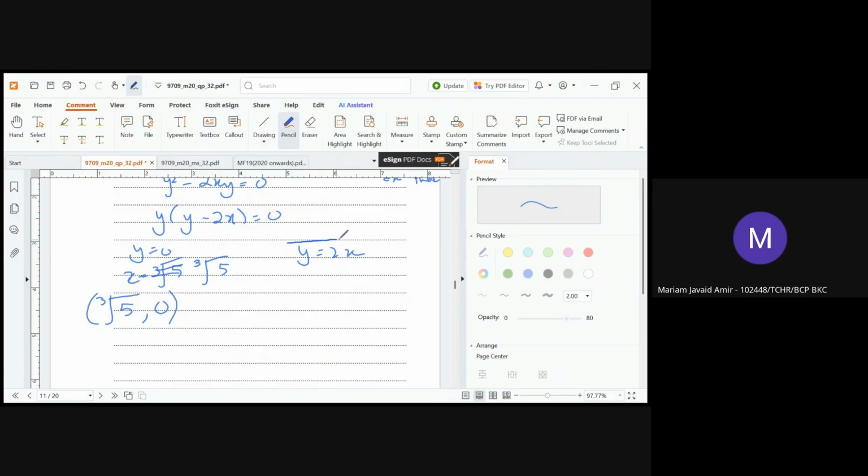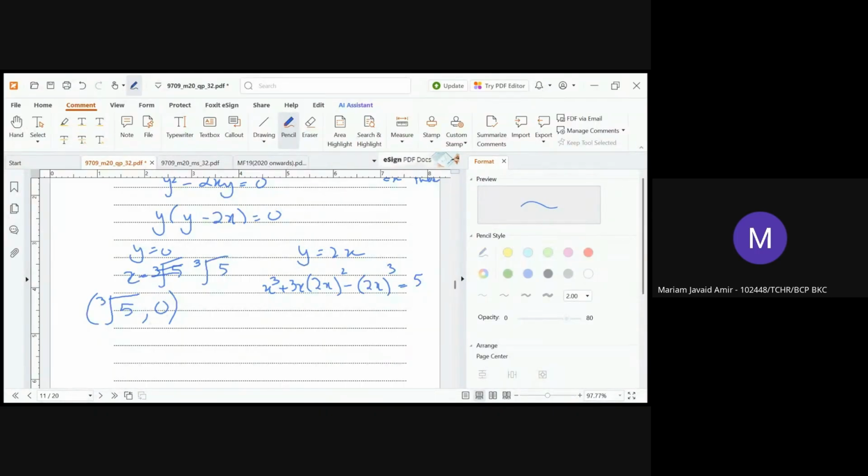For the second one, replace the y in the original equation with 2x. So we get x cubed plus 3x, y gets replaced with 2x and there was a square on it, minus, then there was a cube on y, so 2x whole cube equals 5.